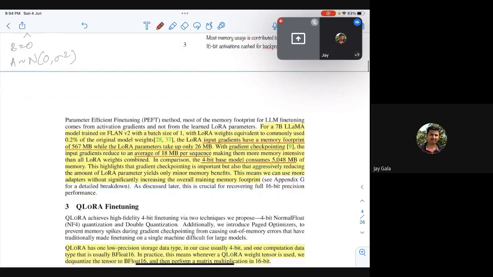And similarly, when you look at this 4-bit base model, overall you will be consuming about 5 to 6 GB in memory. So by just storing the weights in 4-bit, you can significantly reduce the memory requirements of the model. And what you do in this case is some sort of quantization and dequantization when you are trying to do multiplicative operations.